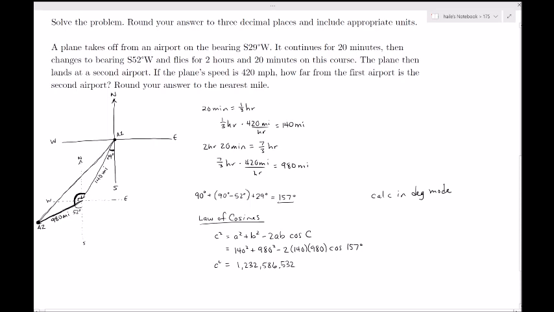Okay, so if we want to find the side C, we need to take the square root of both sides, and we get that C is approximately 1,110 miles, and that answer is rounded to the nearest mile, so we can use that as our final answer.